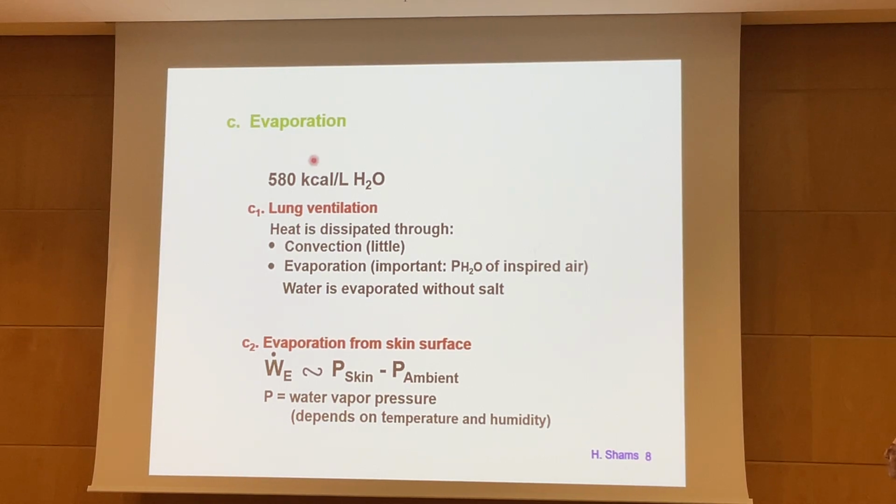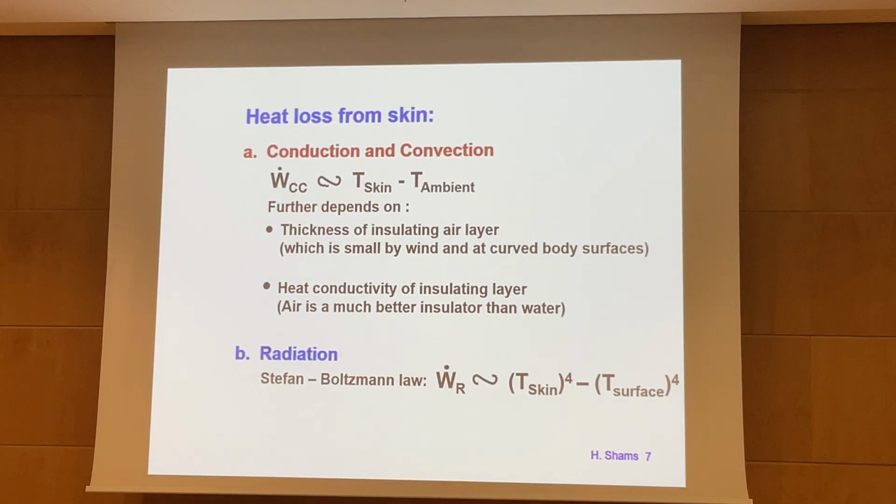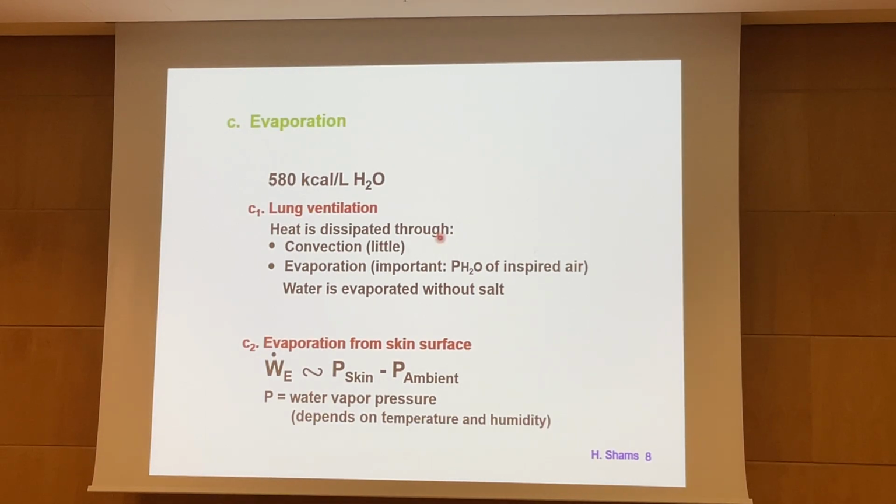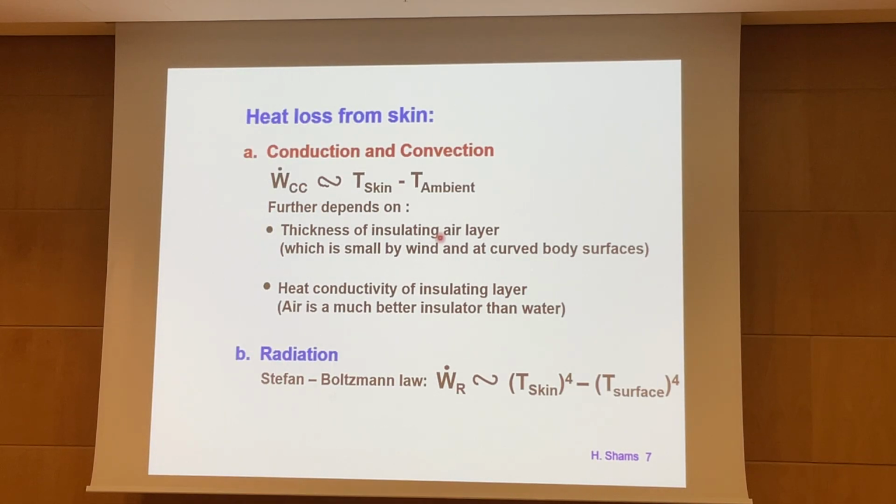Okay. And now you see that this transport depends on temperature difference, and also depends on the thickness of the insulating air layer. What does it mean? If I take my hand here, the layer of the air which is directly on my hand is not moving too much.